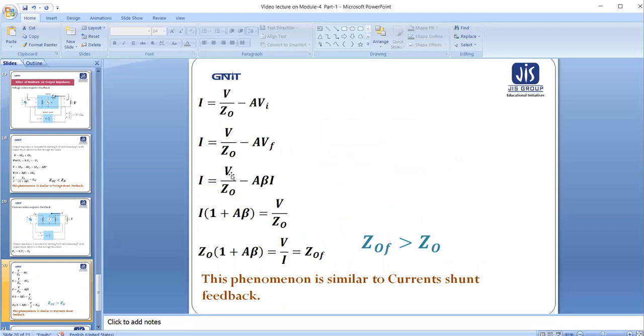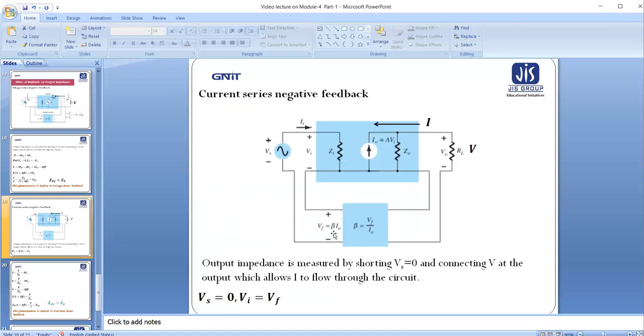So I equals V by Zo minus A beta I. Why A beta I? Because Vf is the feedback voltage, but our output is the current, as it is a current series. So beta into I is nothing but the Vf.